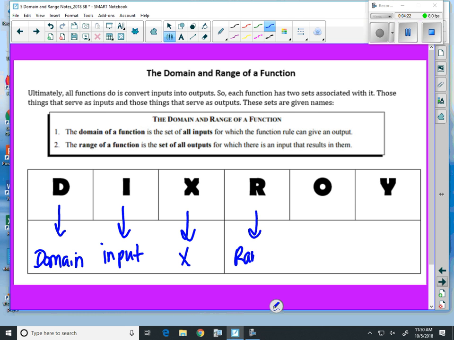Range. What about O? Output. And then Y is the Y value. So domain, input, and X are all the same thing, all associated with each other. And then range, output, and Y are all associated with each other.